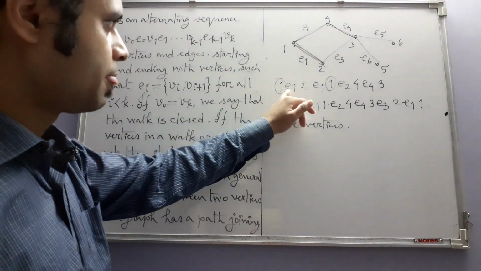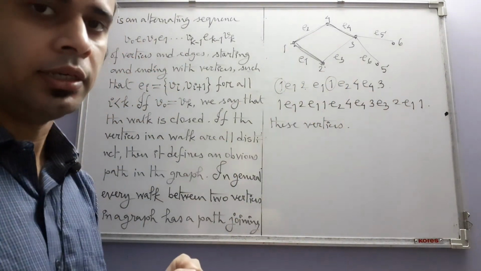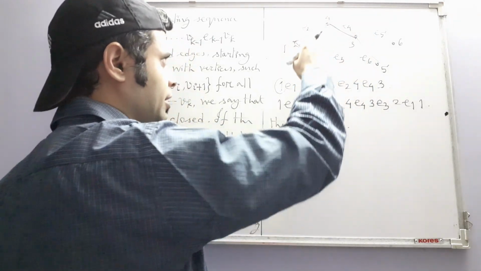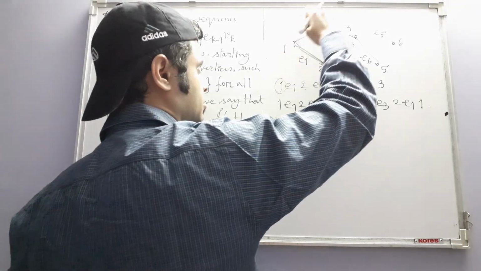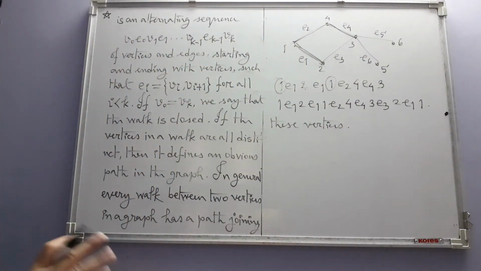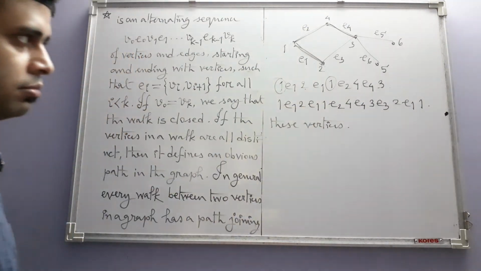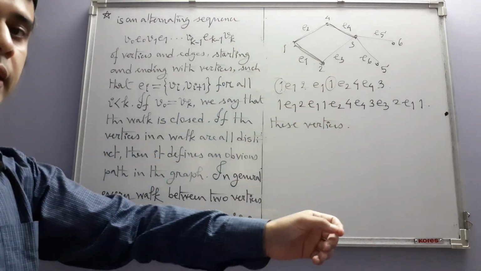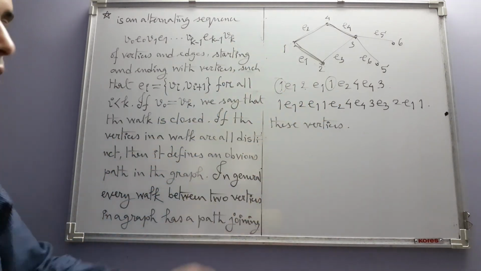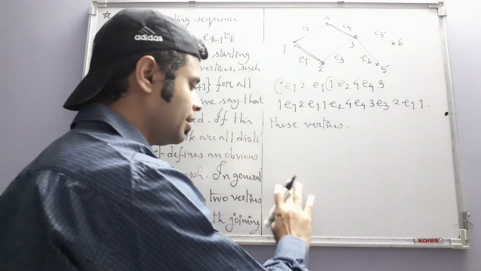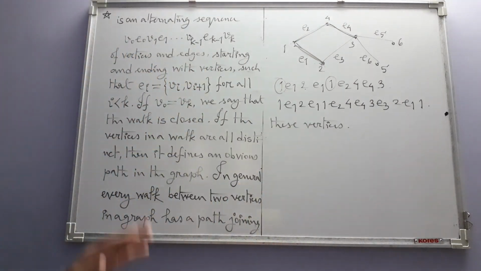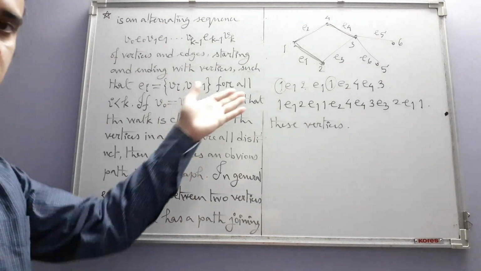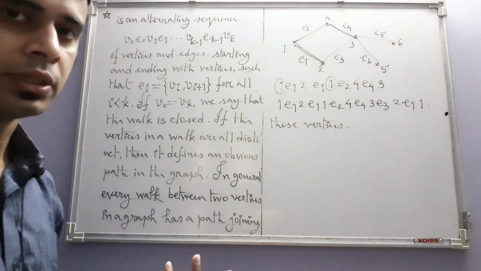For example, this walk between 1 and 3, which looks like this, has the path joining 1 and 3, which is this. In every such case, if you remove the repetitions of going to a vertex and then again coming back from where you started, you will be left with a path. That means there is some path inside a walk joining two vertices which are the beginning and end of that walk.